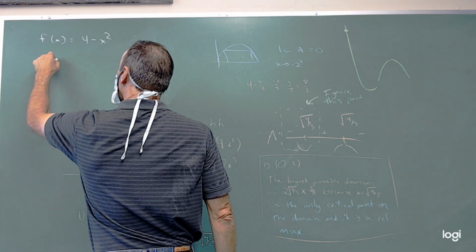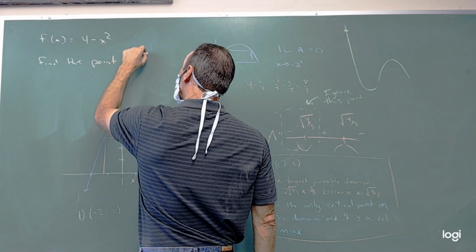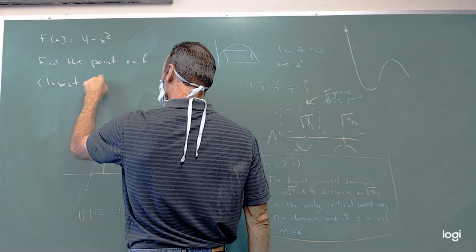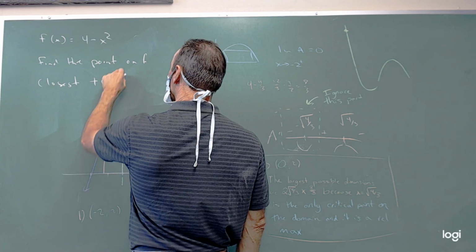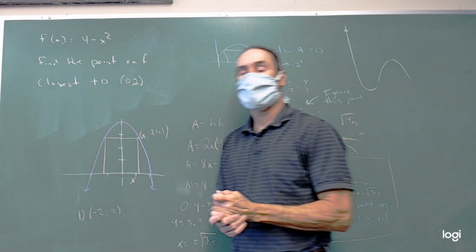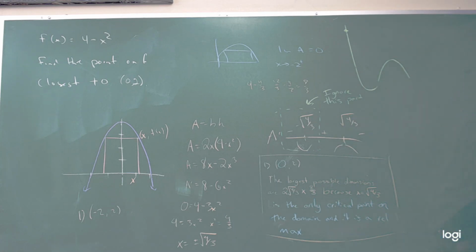Find the point on f that is closest to, we'll say, the point (0, 2). So it's now a distance problem, not an area problem. Does that make sense? Yeah.